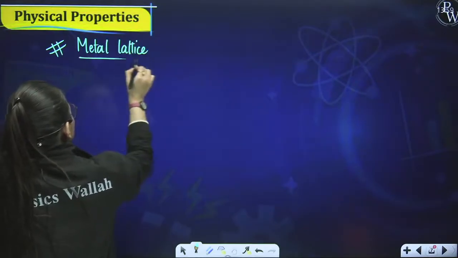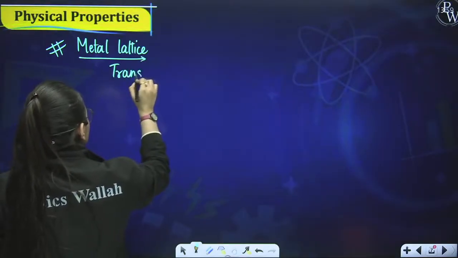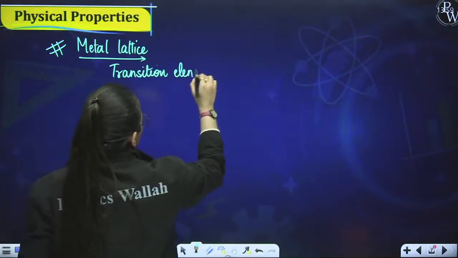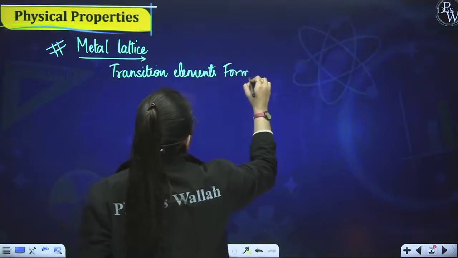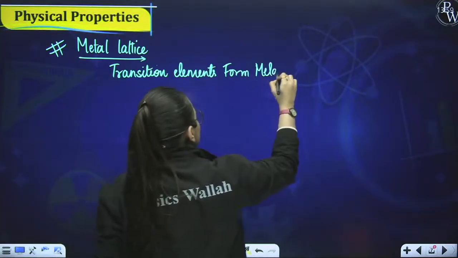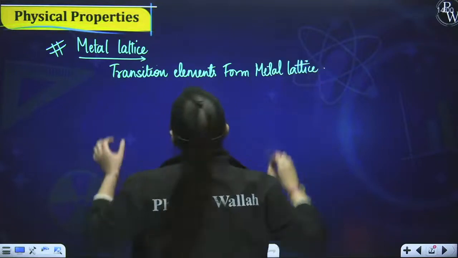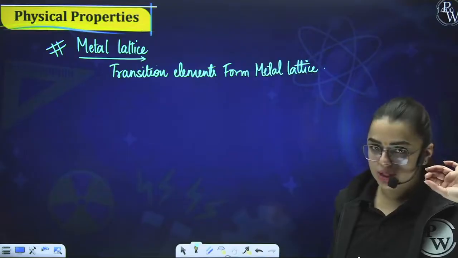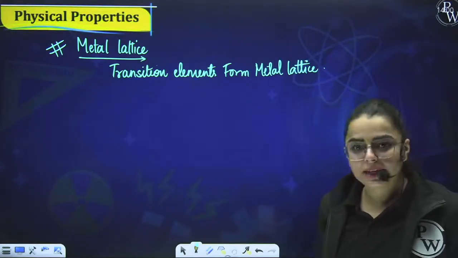See, if I talk about metal lattice, I have told you that transition elements or the d block elements, transitional elements are metals, so they will form metal lattice. Now they will form metal lattice, but who will not form metal lattice? See, I have written over here transition elements are forming metal lattice, but you know that pseudo transition elements, that is zinc, cadmium and mercury, that is group 12, they won't form any metal lattice.